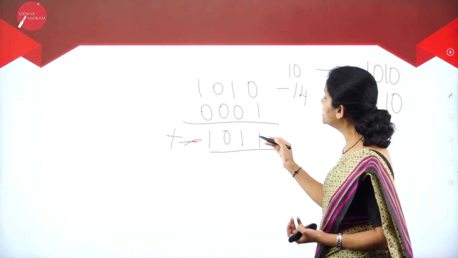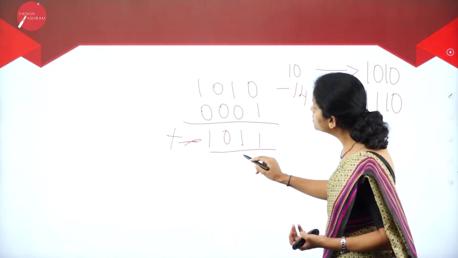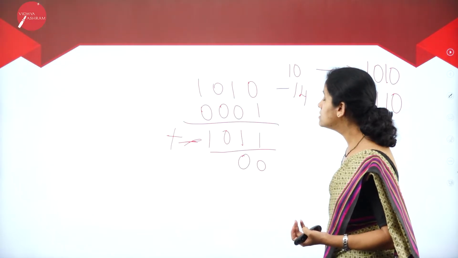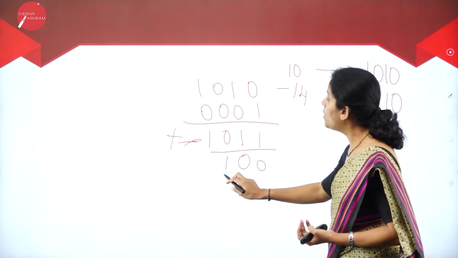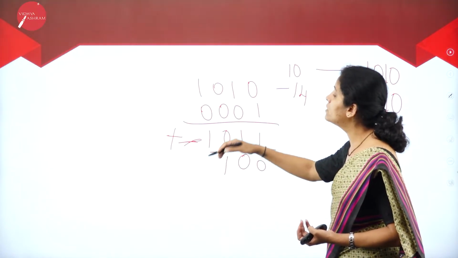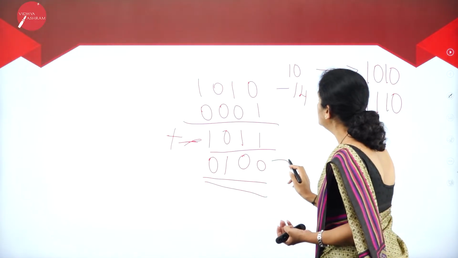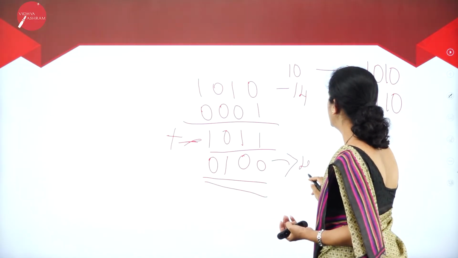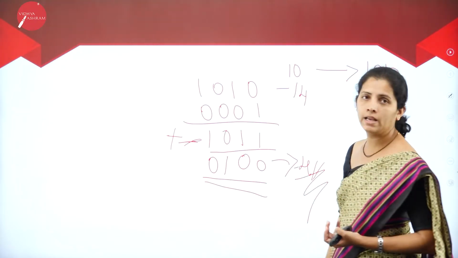Now I'm going to take the ones complement of this result. So instead of writing 1, I'll write the 0 here. Ones complement of 1 is 0 and ones complement of 0 is 1 and ones complement of 1 is 0. Now if I convert this to decimal, it is 14. That is minus 14.